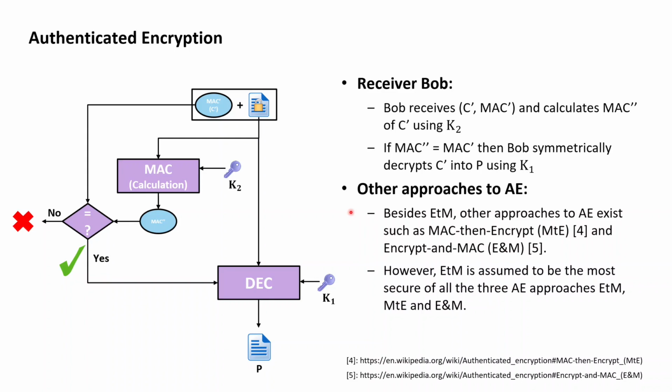A third approach is called Encrypt-and-MAC, which encrypts the plaintext and, side by side to this, also calculates a MAC tag on the plaintext. For more details on these two additional approaches, please consult the references provided on this slide.